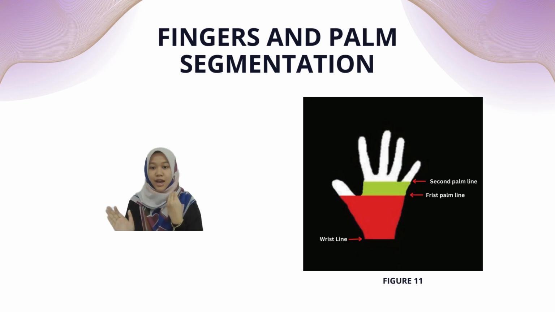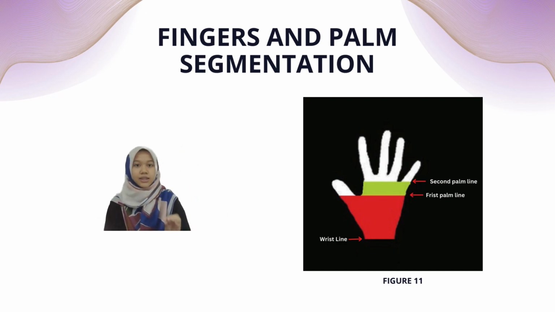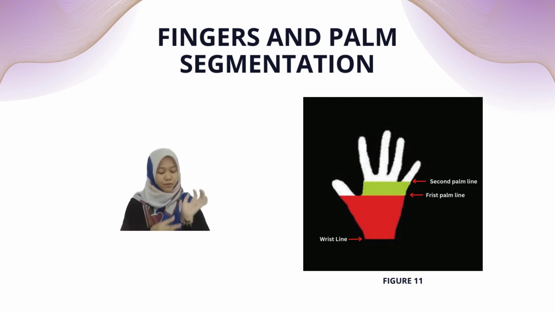So how do we recognize the other fingers? First, we need to search for the palm line. For this palm line, we will be searching for the wrist line first. From the wrist line, we go pixel by pixel.